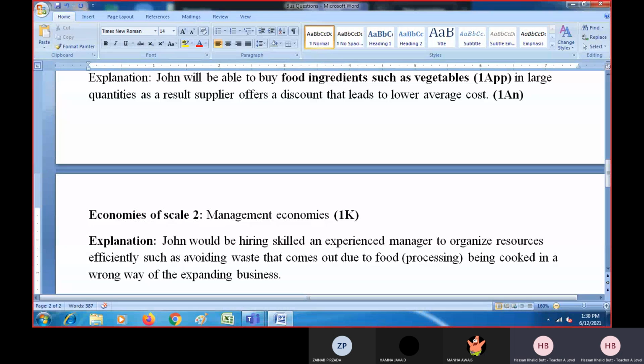of the expanding business, right? So that leads to lower average cost of the food cooked, right? Now you can see that we have developed this point as well, that how managers are able to reduce the average cost.